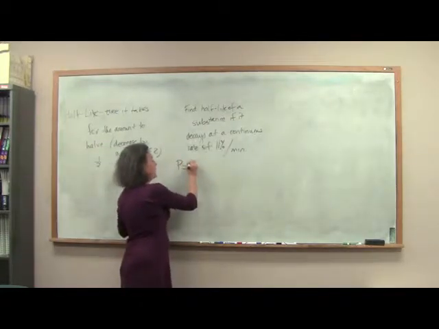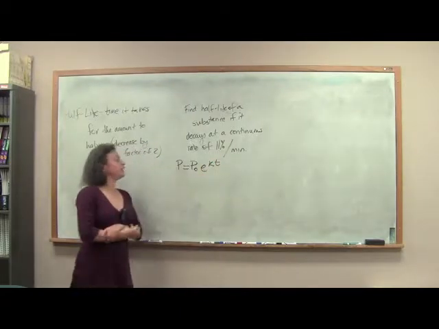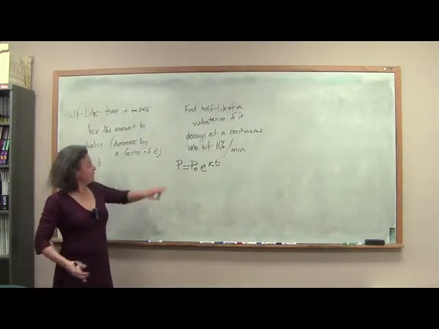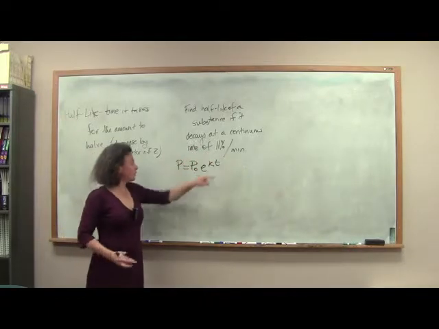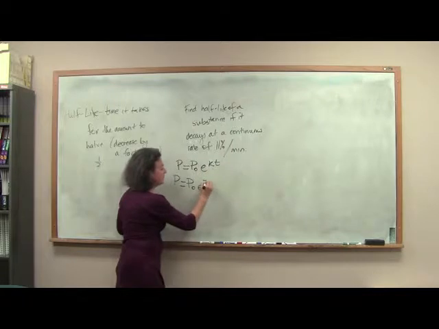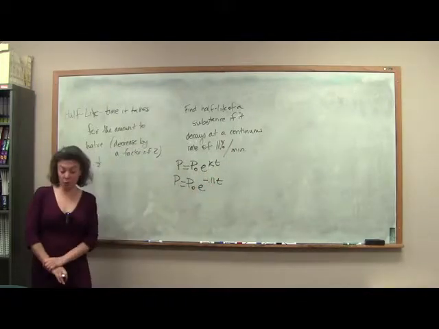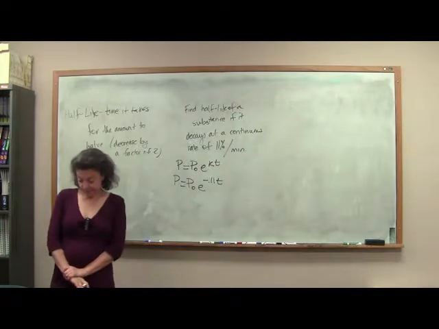So the continuous tells me to use a base of e. The fact that it decays at a rate of 11% per minute tells me that my k is negative 0.11.